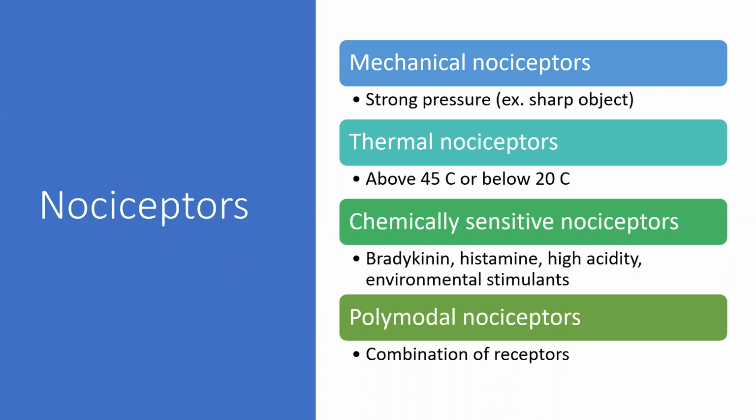On the other hand, thermal nociceptors are activated by skin temperatures above 45 degrees Celsius or below 23 degrees Celsius. So ito yung temperature ranges that are perceived as uncomfortable already, either too warm or too cold by the body. So above 45 or below 20 degrees Celsius.